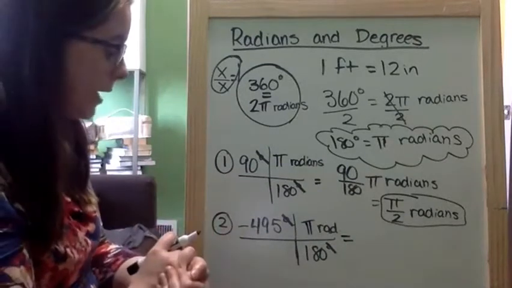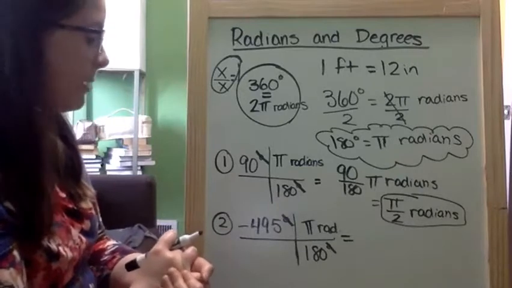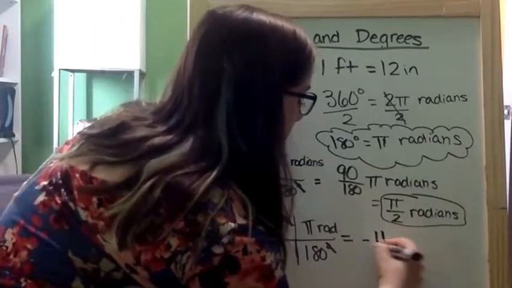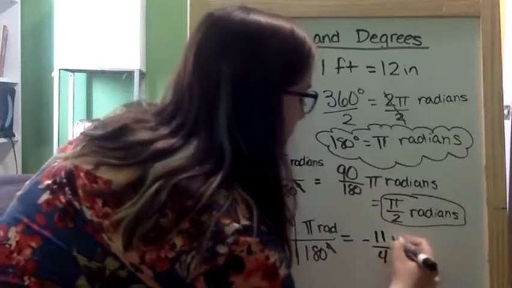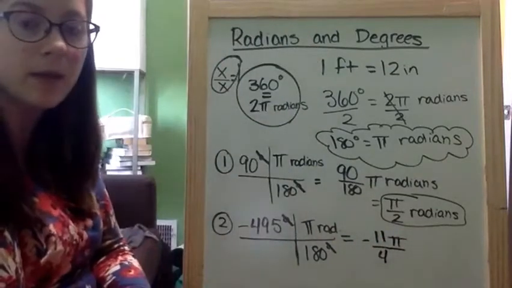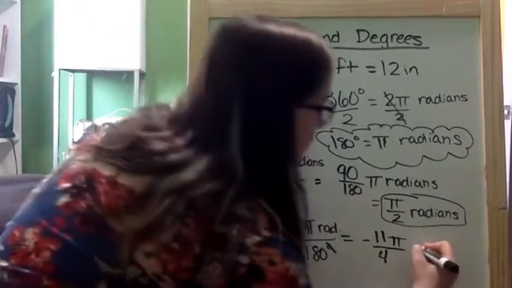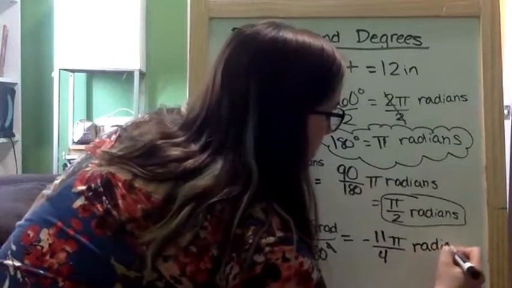I could put that in my calculator if I wasn't sure, and find that as a fraction, and that is negative 11 fourths. And then we usually just put the pi on top in the numerator. So negative 11 pi over 4 radians.